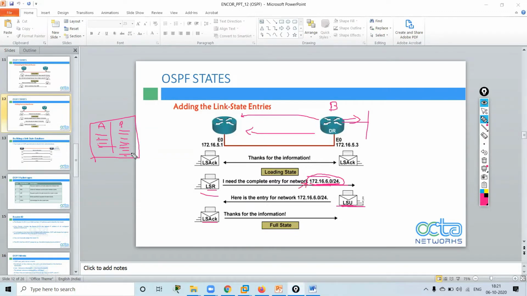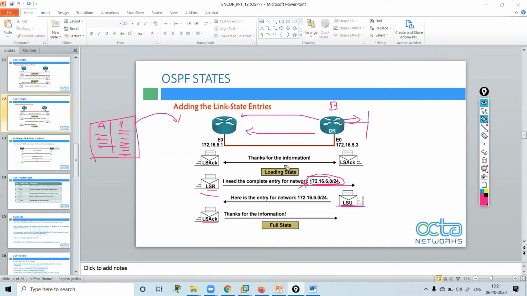B knows about this network because B is connected to it, but B has its own next hop. To reach this network, I have to go to this next hop, or to this interface. But A does not know about this network.